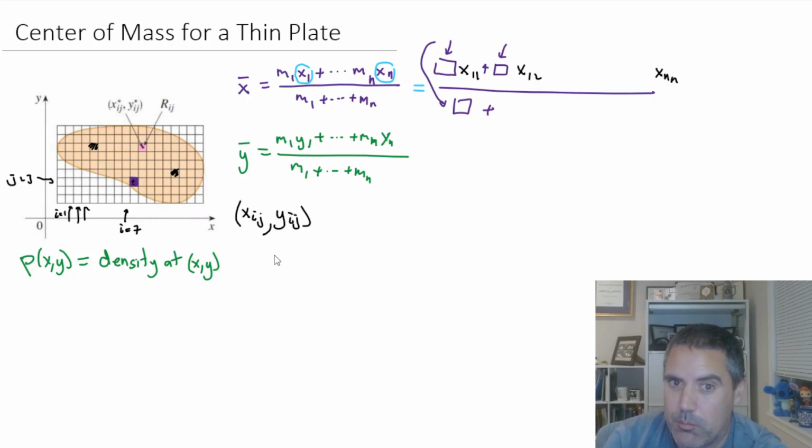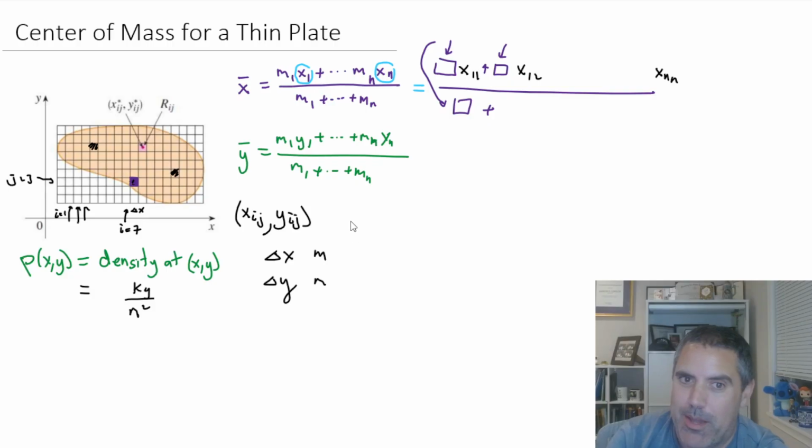Well, the width of the box is what we are going to call delta x, how wide it is this way, and the height is going to be delta y. And it's fairly simple. If this is the density, so by density we mean something like kilograms per square meter, and this is the x and y, what is the area?